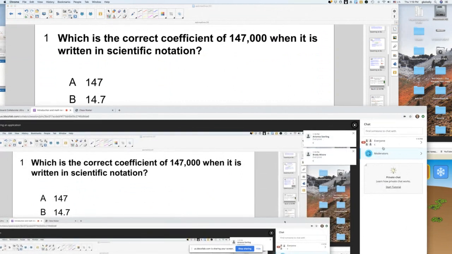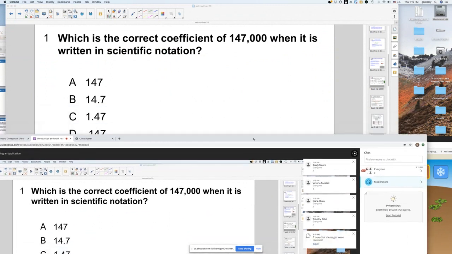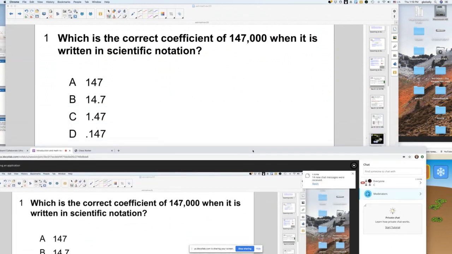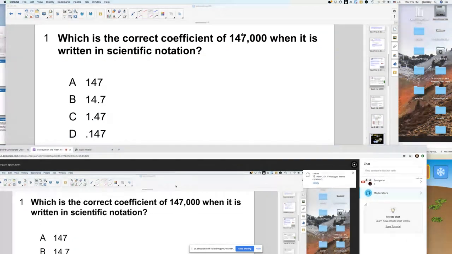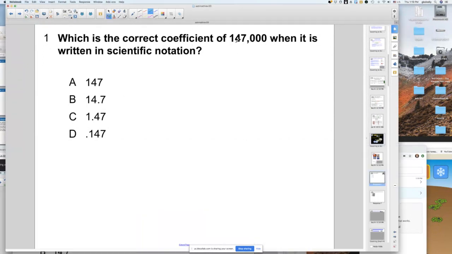So basically what that means is that the first number has to be bigger than 1, less than 10. So you put the decimal point right over here. So it'll be 1.47. Most of you had the right answer, 1.47.